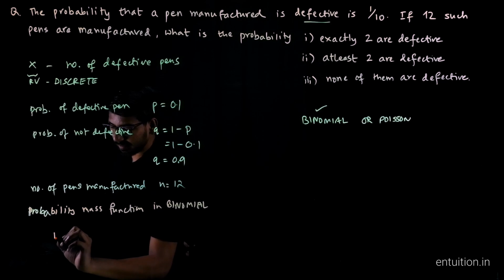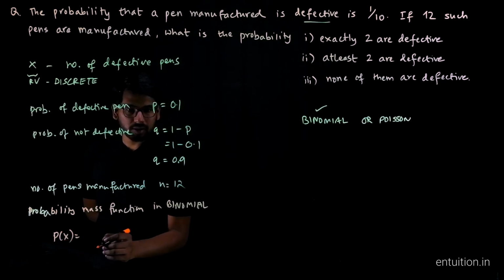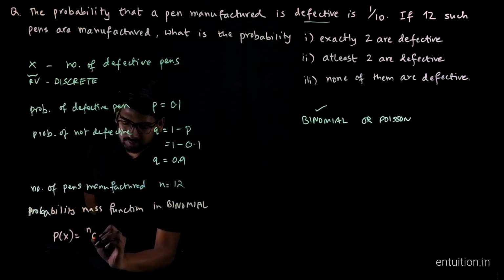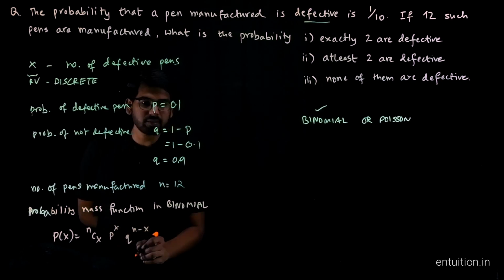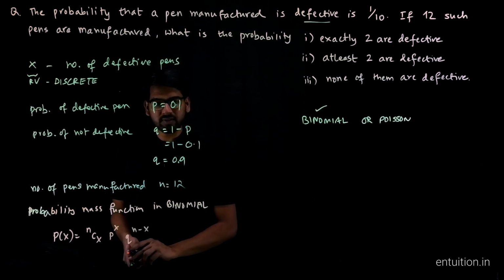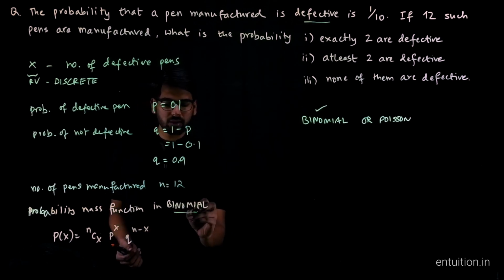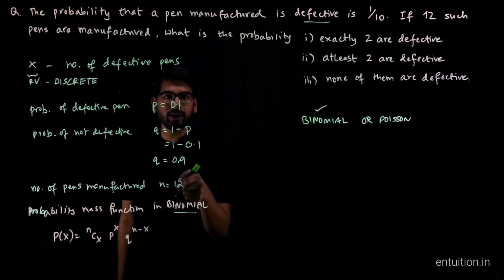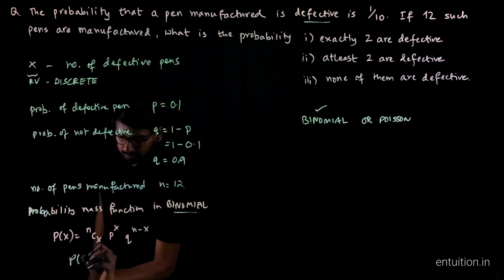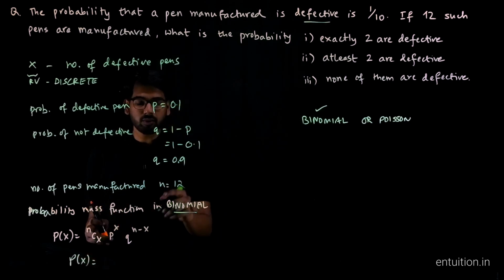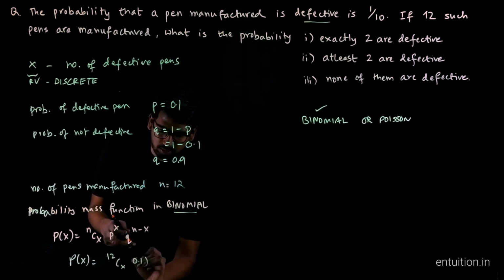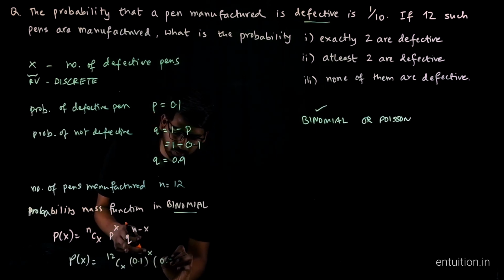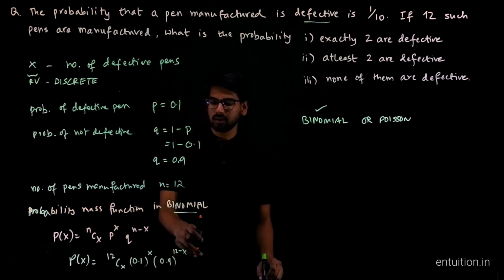The probability is given by this formula in the binomial case: nCx p power x q power n minus x. This is the probability formula for binomial. If we substitute p, q and n, our probability function will be: n is 12, so 12Cx, p is 0.1 power x, and q is 0.9 power 12 minus x. n minus x is 12 minus x.